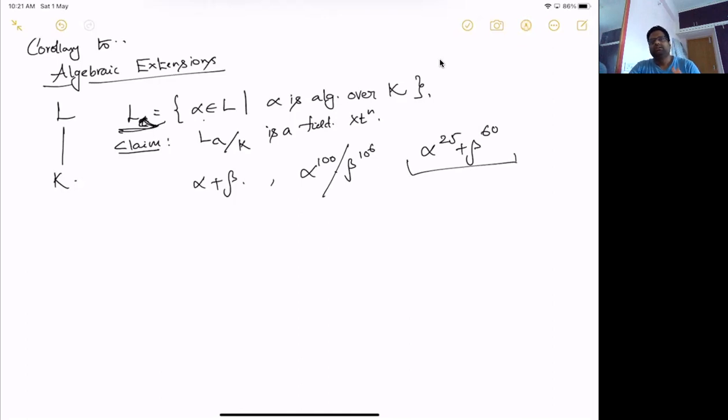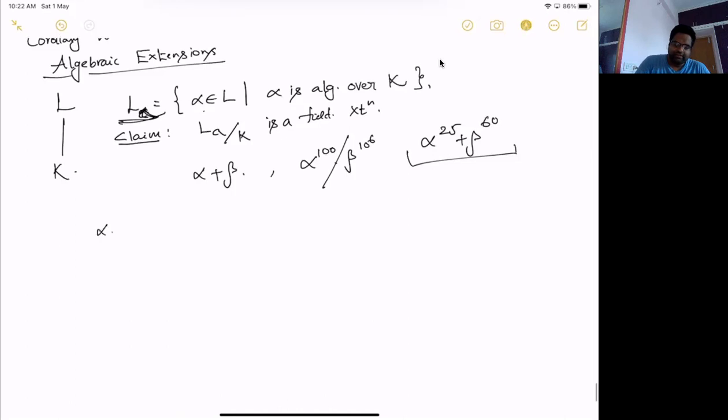So rather, we use the previous theorem to show that the corresponding degrees are finite.